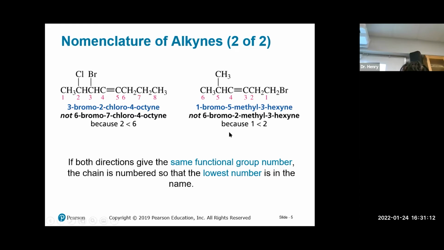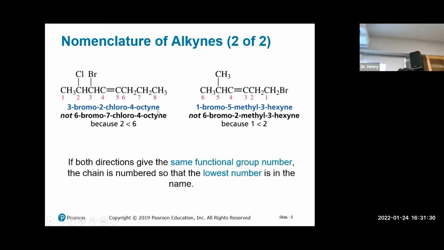But we want to give the substituents that are coming off of it the lowest numbers possible, right? So then we're going to call this guy 1, 2, 3. So it'll be 3 bromo, 2 chloro, 4 octene.